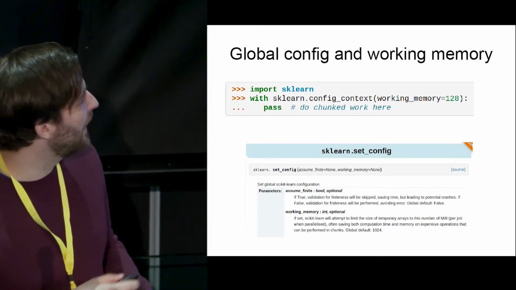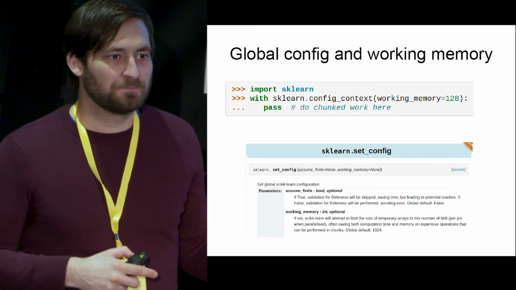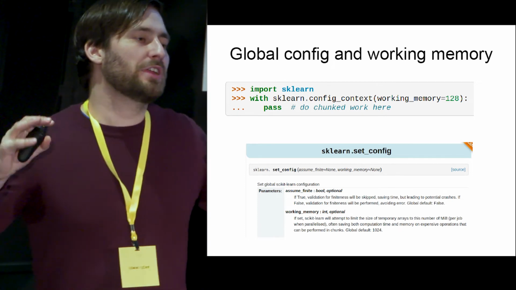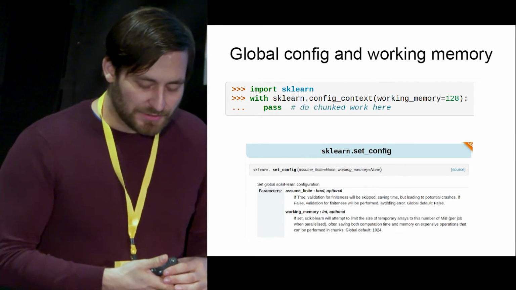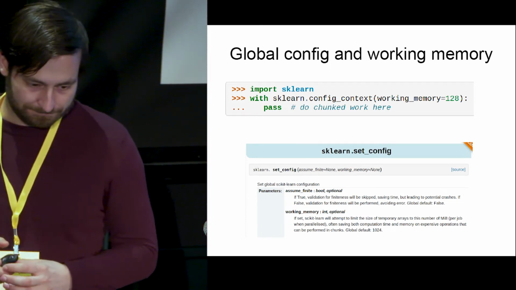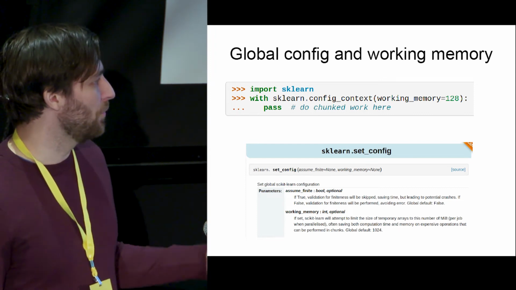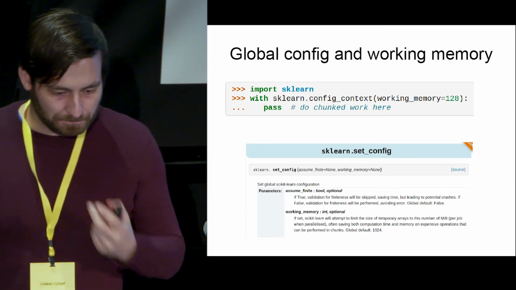So this working memory tells it not to use more RAM than this, and it will chunk big computations into smaller pieces so that your machine doesn't start swapping. Right now the default is 1 gigabyte, but you can set it to more if you want.